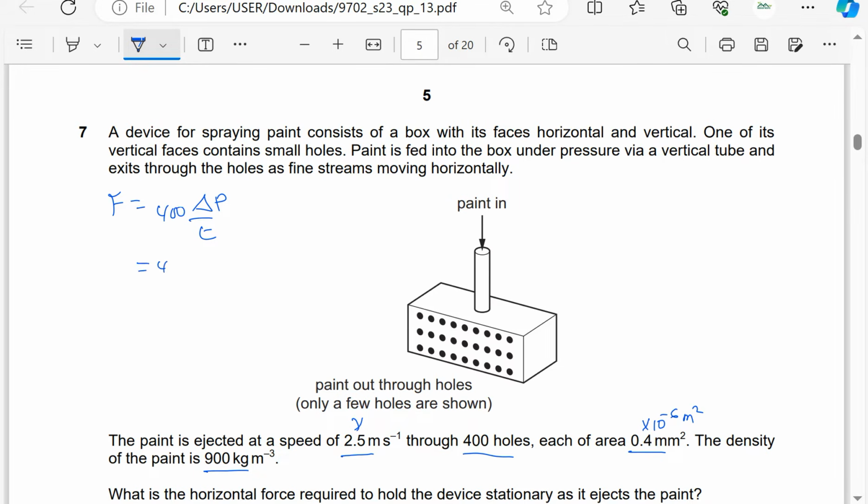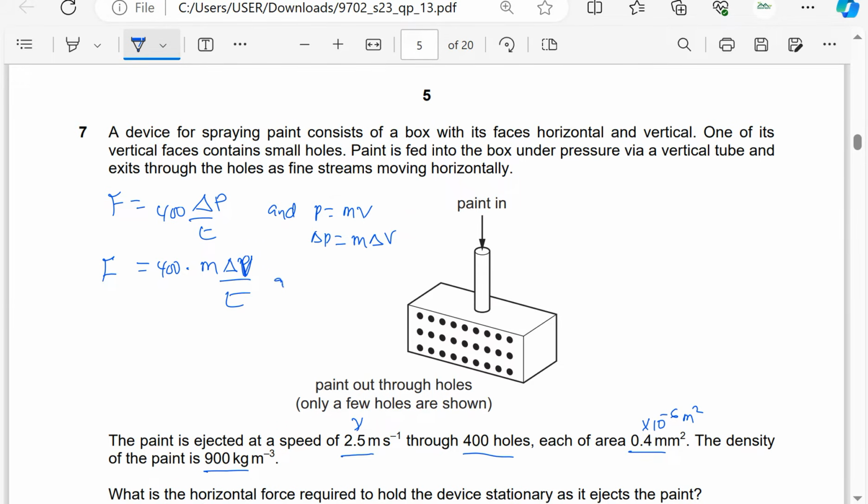So force is going to be 400 times, we know that momentum is mass times velocity. The change in momentum is going to be equal to mass times the change in velocity. So the force is going to be 400 times the change in momentum, which is mass times change in velocity divided by t.